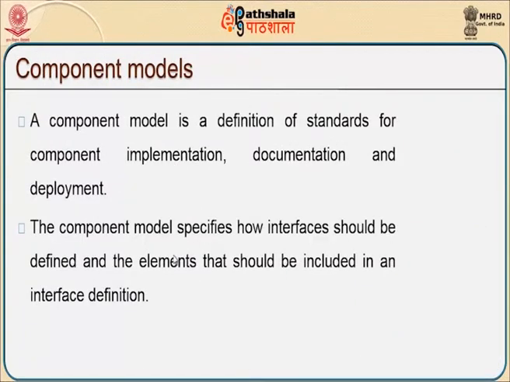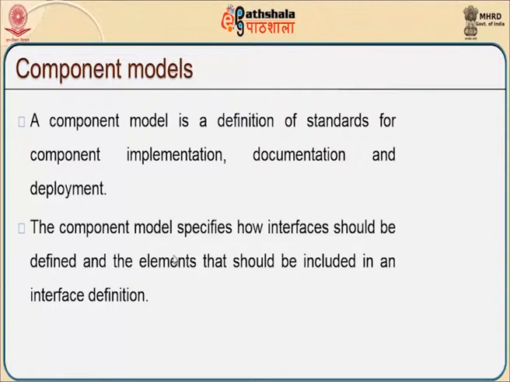Looking at the component models, a component model is a definition of standards for component implementation, documentation, and deployment. So this model gives a standard not only for the analysis and design phase, but also for implementation, deployment, and documentation for all the rest of the processes. A component model specifies how interfaces should be defined and the elements that should be included in the interface definition.